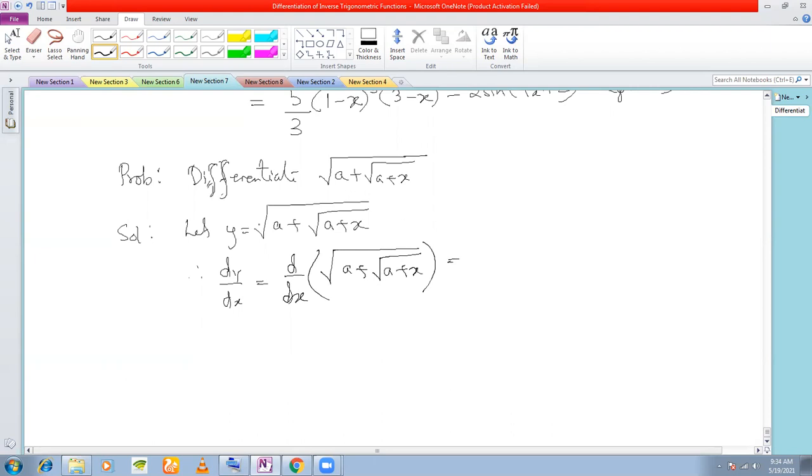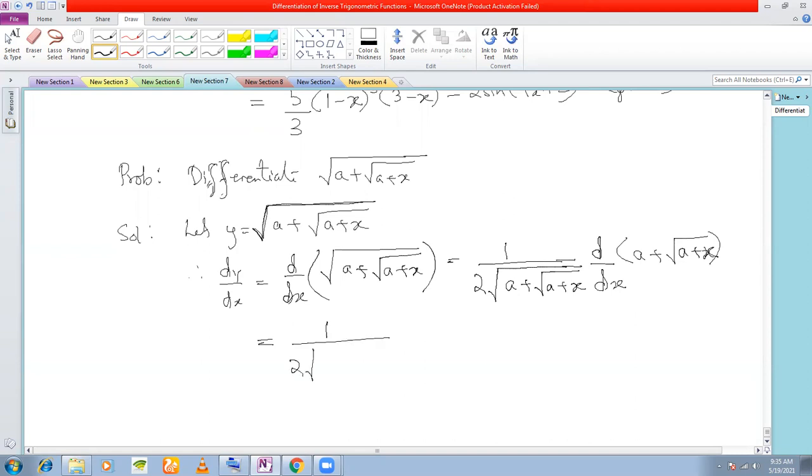I'll first differentiate this radical, okay, to get 1 by 2 root of (a plus root of (a plus x)), right? Into the d/dx of whatever is inside the bigger radical, a plus root a plus x.